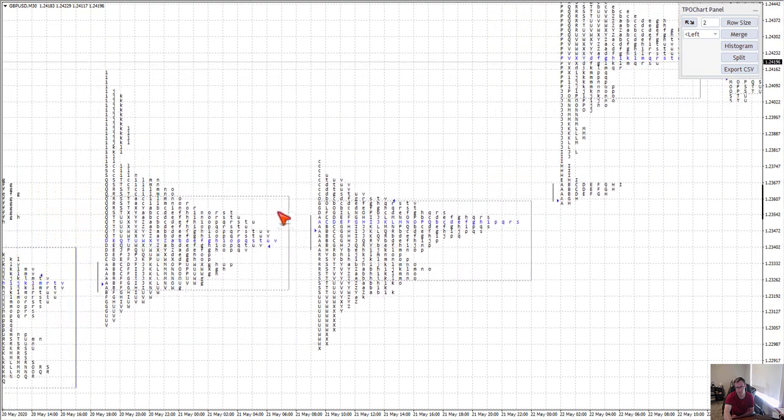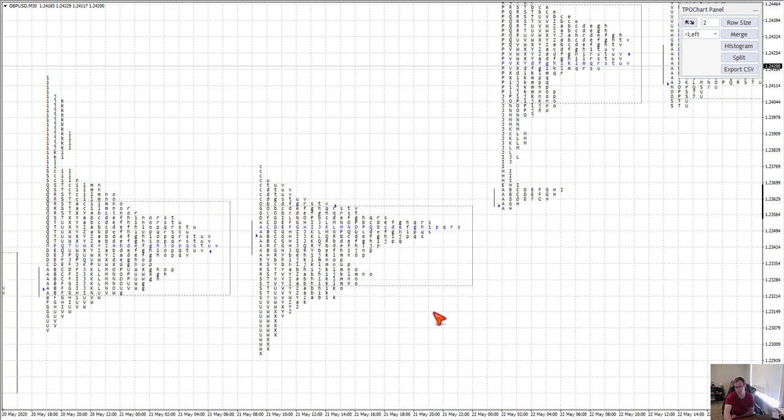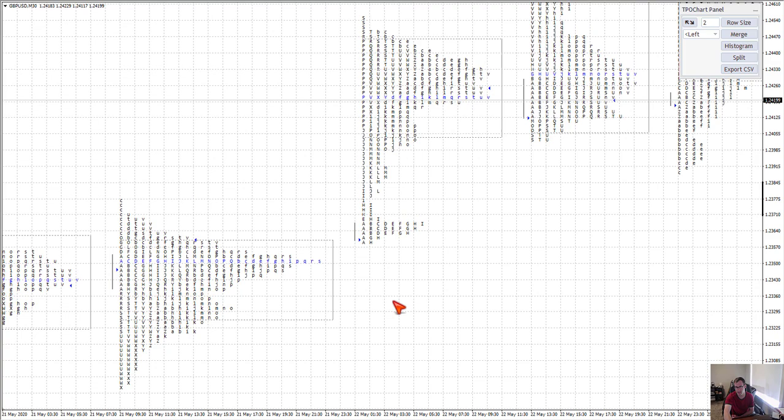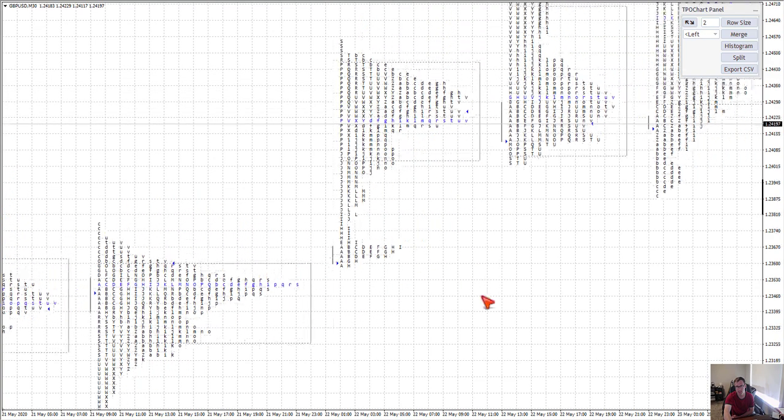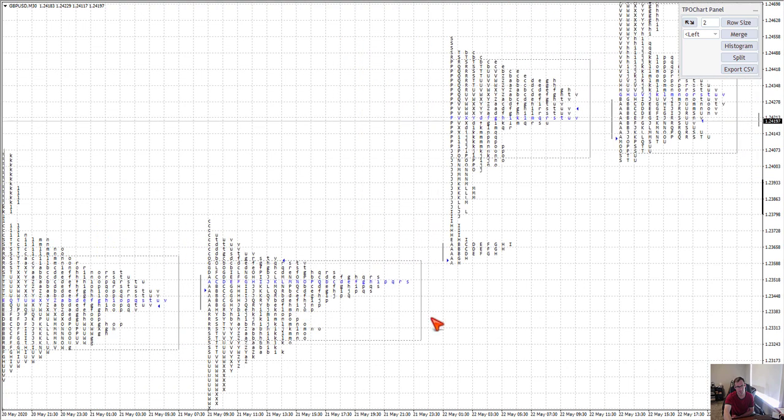So the market has essentially accepted price in this area. There's a lot of people that have taken positions, including banks, institutions, and retail, right? Because the market has accepted price, what do you think is going to happen? It's going to want to try to move away at some point. And when it moves away, there's going to be other time frame traders that get interested, right?